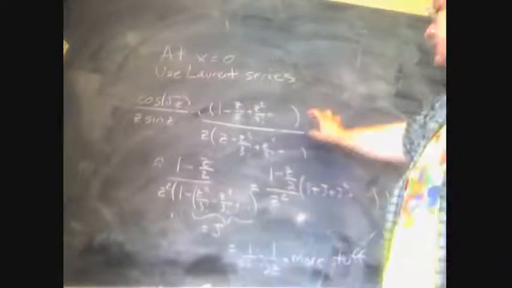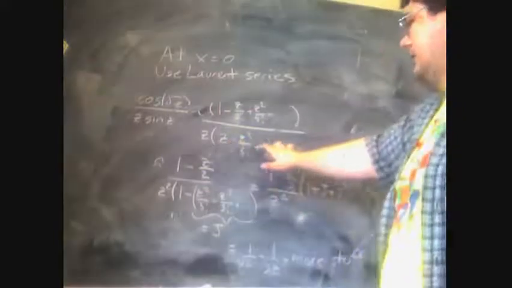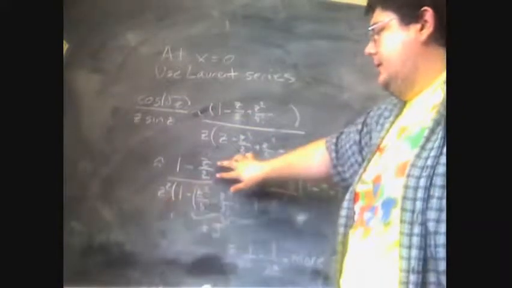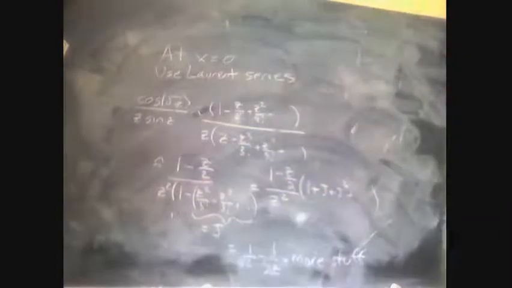So we expand our terms out. We can factor out a z from the sine function here, so I factored that out, and I only kept the first two terms of the cosine of root z function.